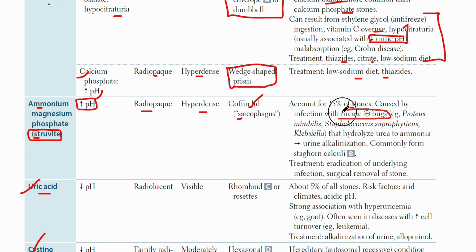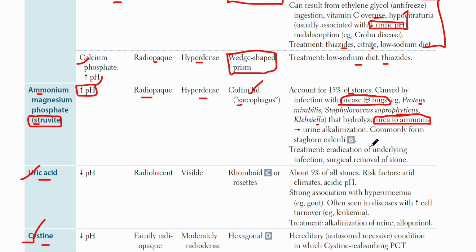This is very common because urease-positive bugs form ammonia, right? So ammonium magnesium phosphate can be easily precipitated in those cases. The bugs are Proteus mirabilis, Staphylococcus saprophyticus, and Klebsiella, which hydrolyze urea to ammonia. The more the ammonia, the more the ammonium crystals. So struvite cases occur here, right?